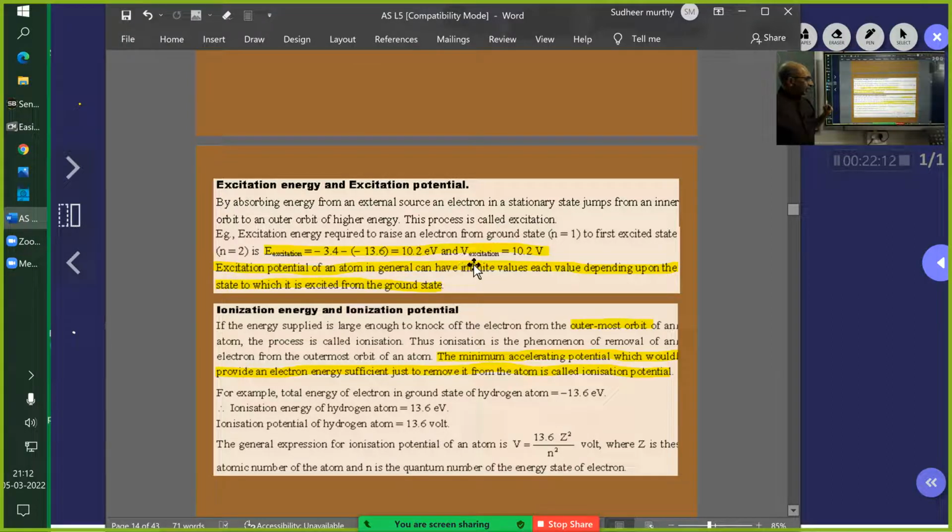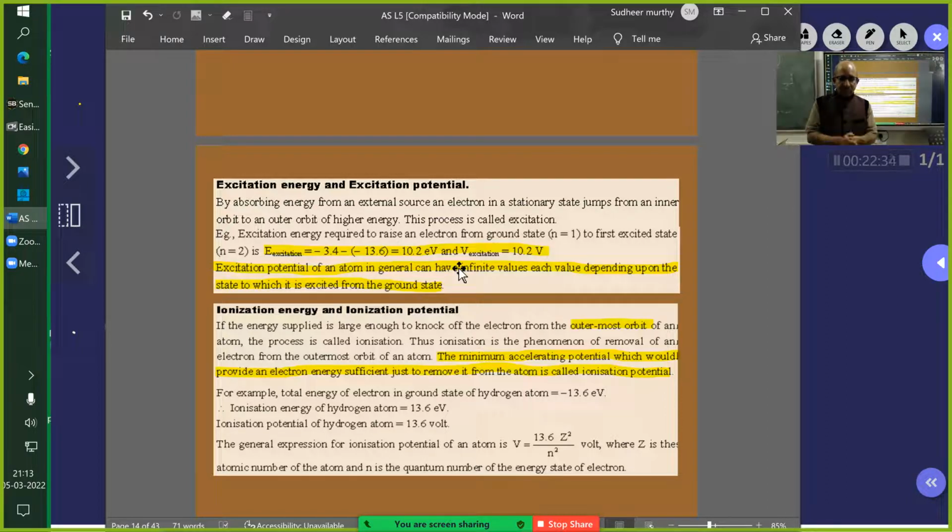Now close to it there is excitation potential. V stands for potential, and V with subscript excitation stands for the excitation potential. Now how do they actually cause the excitation?